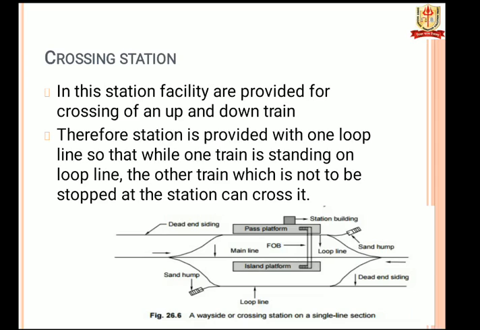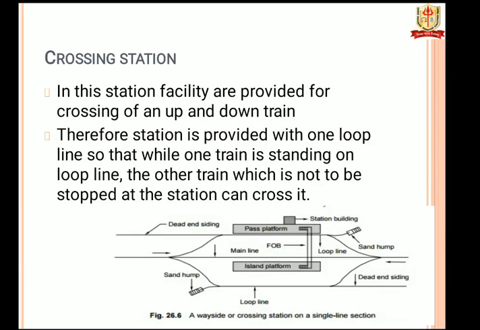A crossing station has an arrangement for controlling the movement of the trains on block station. At this wayside station, facilities are provided for crossing of up and down trains. The loop line may or may not have a dead end siding.